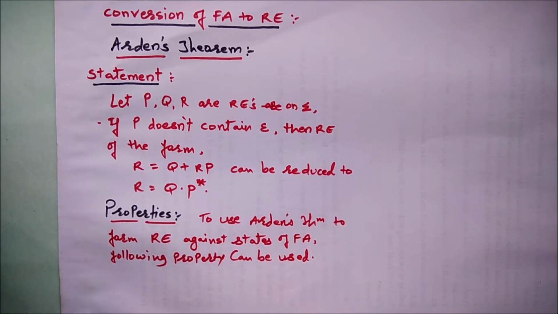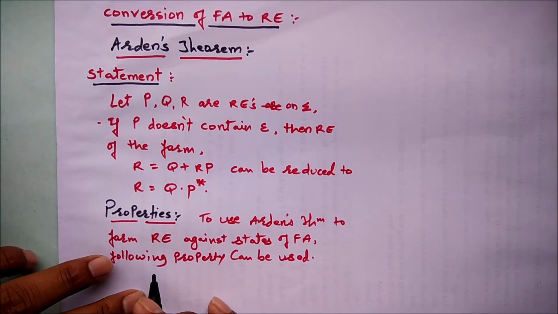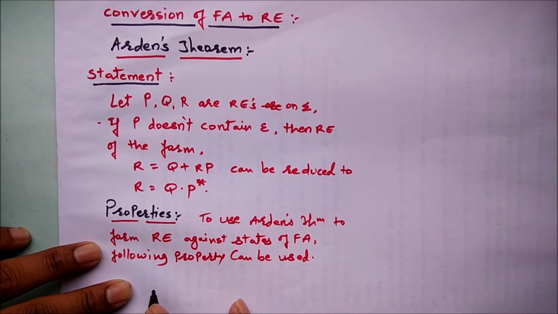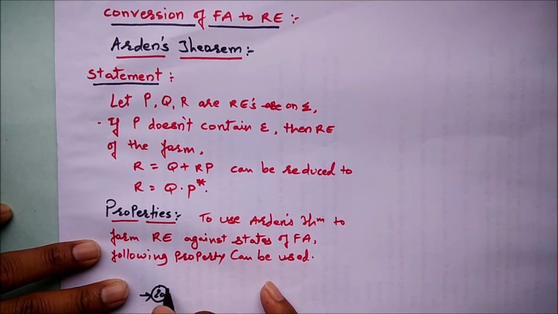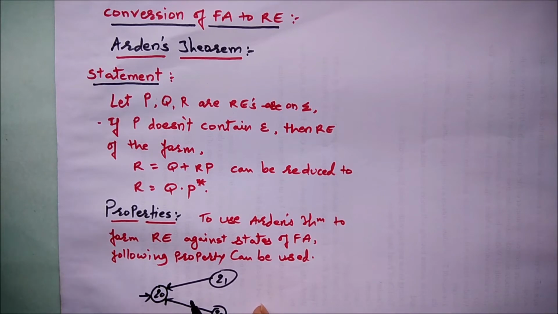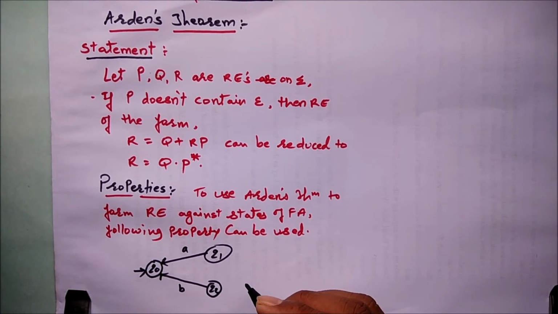For that purpose, I will draw a simple finite automata so that you can understand it. This is one state, let's call it Q0, and this one Q1, and here one more I can take as Q2. So this is the given finite automata.